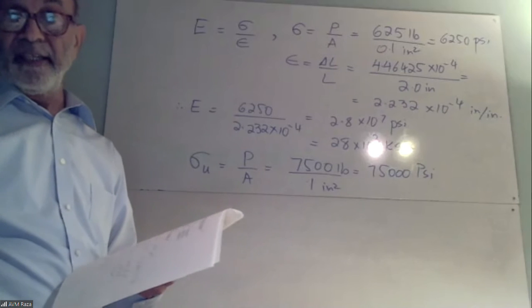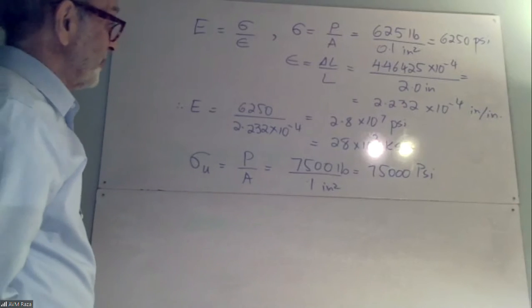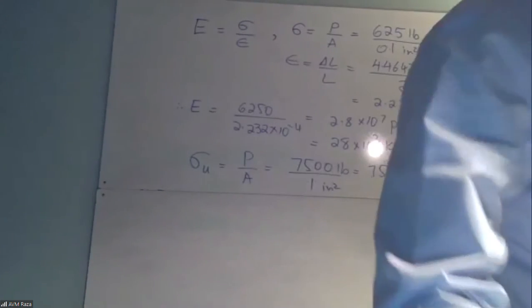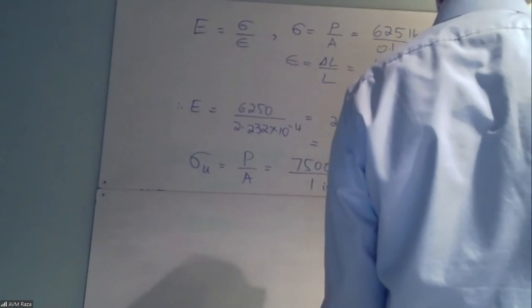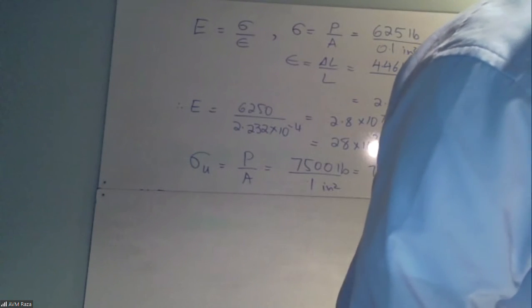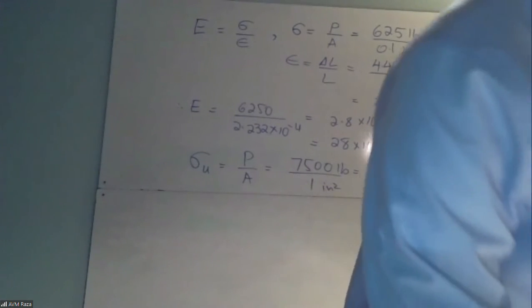And lastly, he wants you to find the material type again. So you go to the back of the book again, and this time you're going to look in the US customary table, and you look for something with an E value of 28. Do you find one? Yeah, it is the stainless 304 alloy.